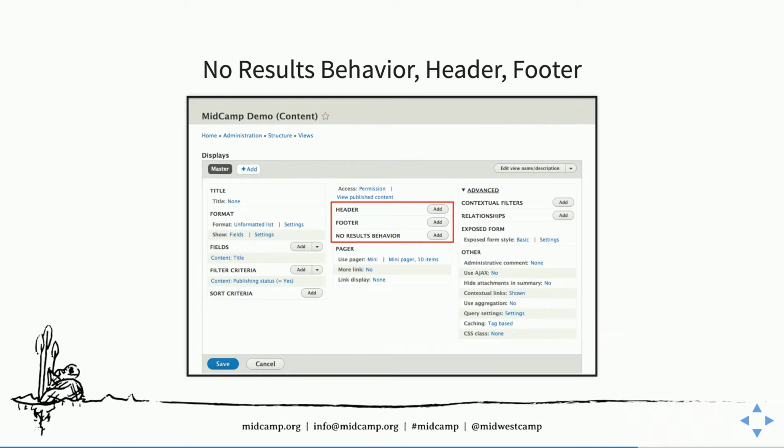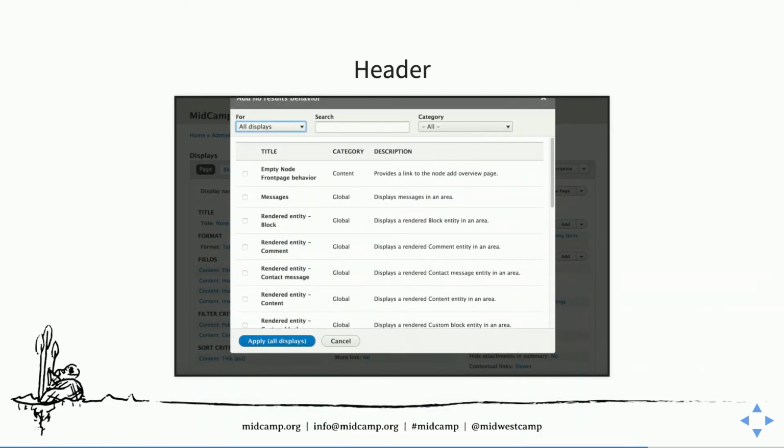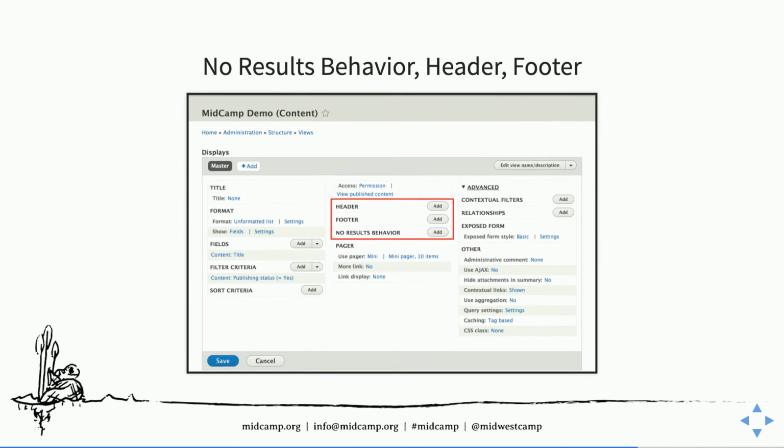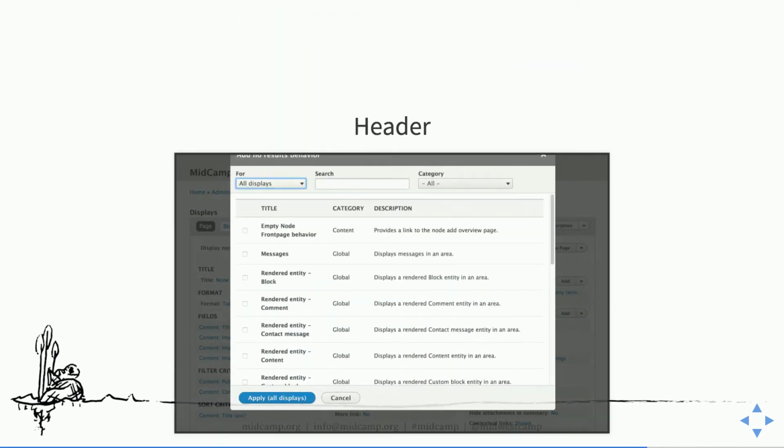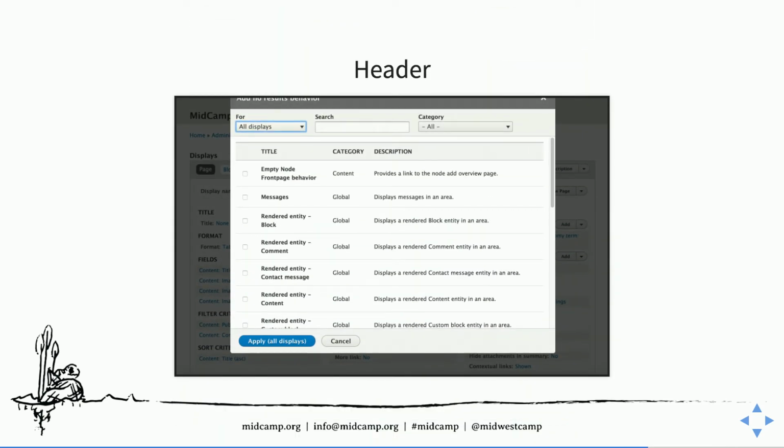This section we look at header, footer, and the no results behavior. So if you select the add button next to the header, you're presented with a number of options. These are going to be different than what we've seen before with fields, filters, and sort criteria because they don't operate on the fields themselves. These are more, as the category explains, global options.